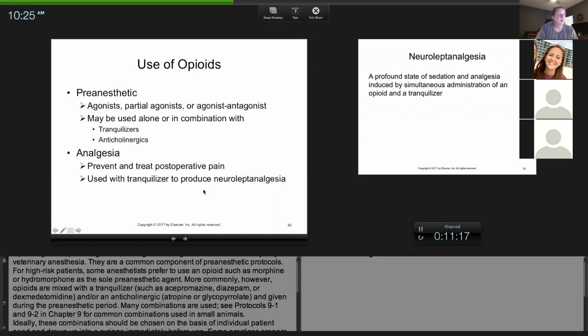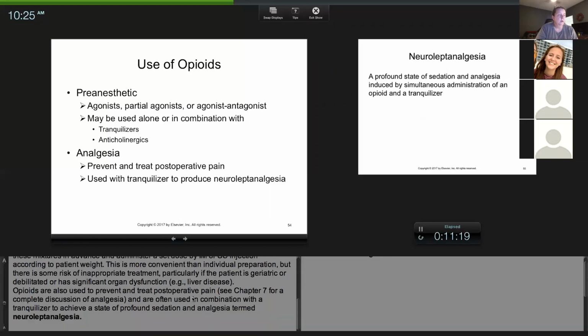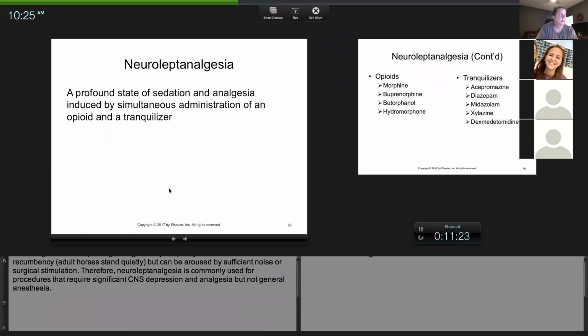I will talk about neuroleptanalgesia when we get into induction agents. The true definition is a very profound sedation and analgesic state, and that's typically when you combine an opioid and a tranquilizer. If you give a dog ACE and morphine, you have given the dog a neuroleptanalgesic combo.